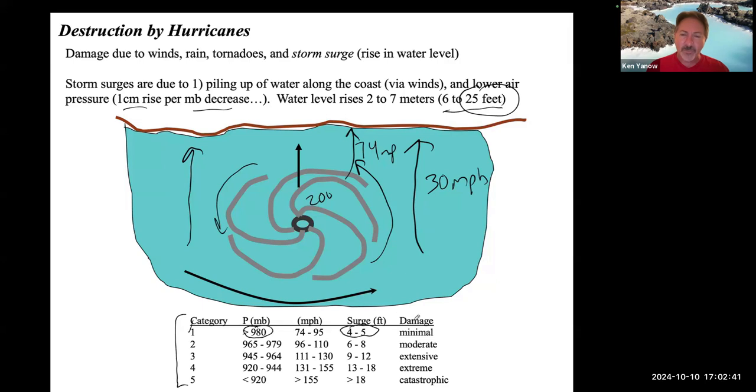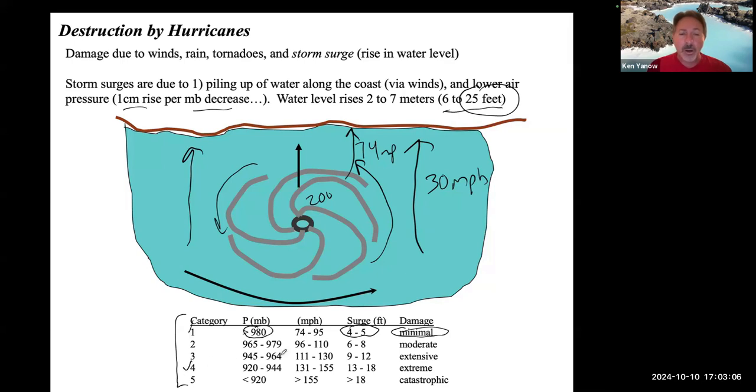Storm surge 4 to 5 feet. Damage is minimal. Now, of course, we all say this when we're not in the storm. Minimal damage becomes relative depending upon your house. But a storm surge of 4 to 5 feet is going to create some flooding, but it's not going to create massive damage where you're completely eradicating an entire community.